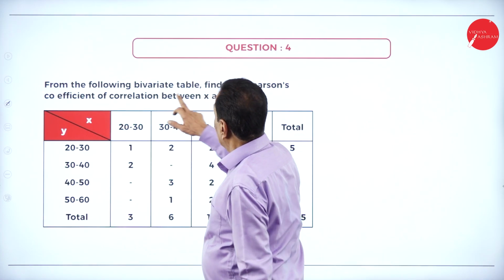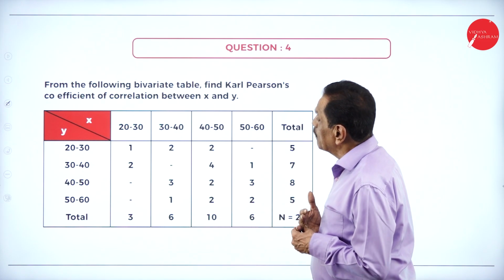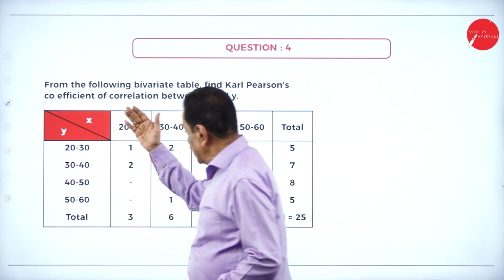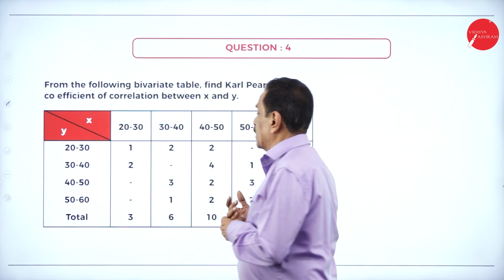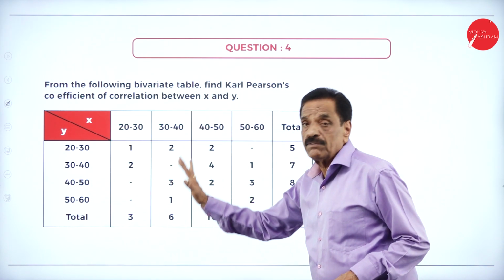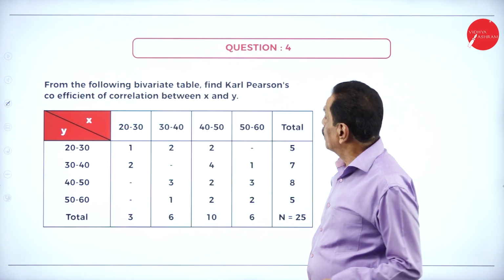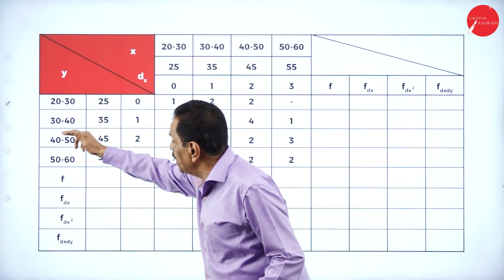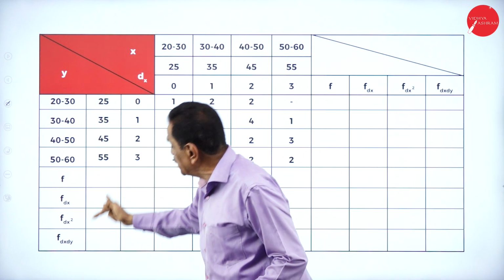From the following bivariate table, find the Karl Pearson coefficient of correlation between X and Y. This is the Y series, this is the X series, and this is the common frequency we have got. I will explain this. This is your class interval: 20, 30, 40, 50 for the Y series.